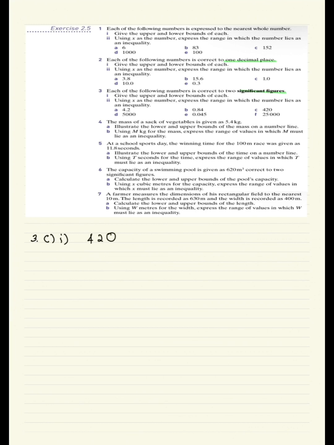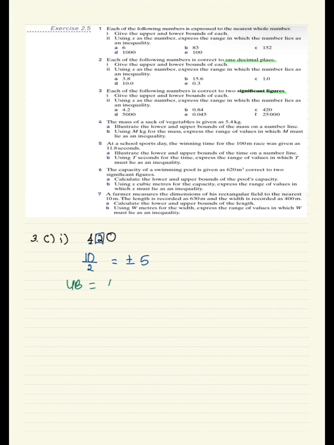420. This is the first significant figure and this is the second significant figure. It is at the place of tens. So I'm going to take 10, divide it by 2, which would give me 5. So I'm going to plus and minus 5 to get the upper and lower bounds respectively.